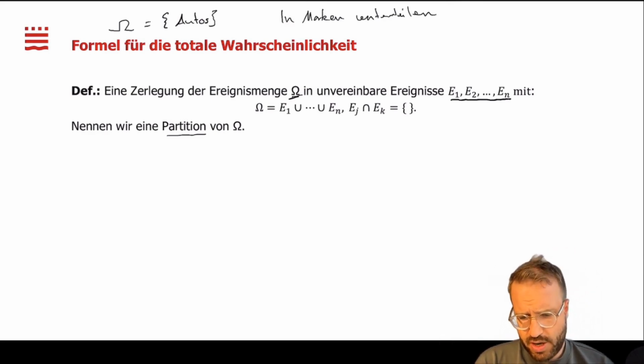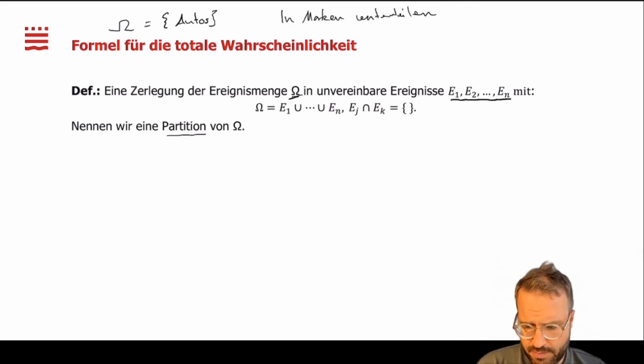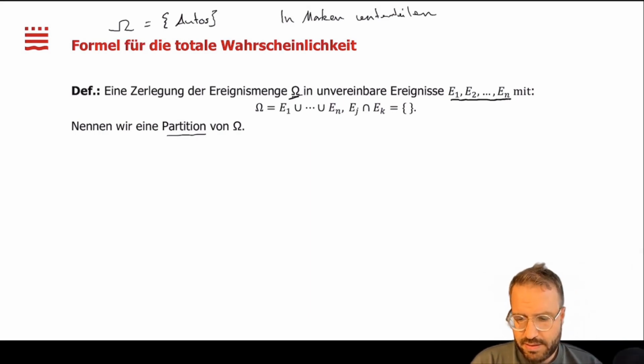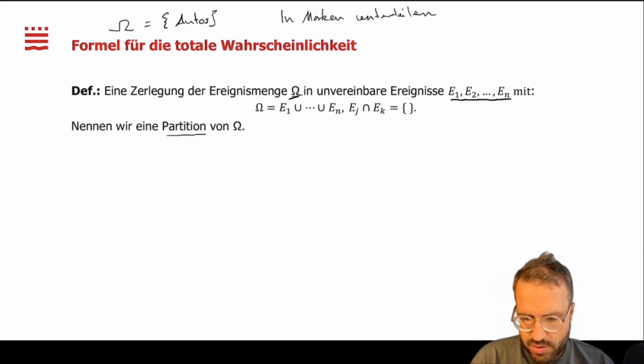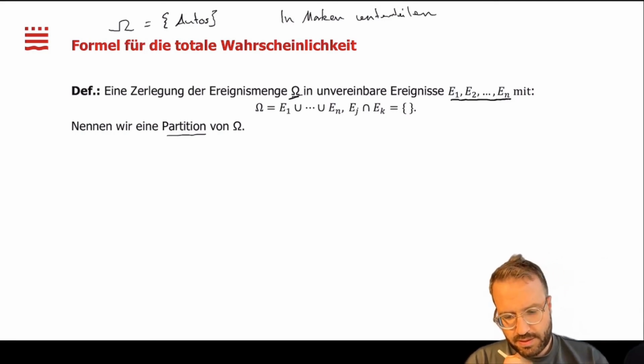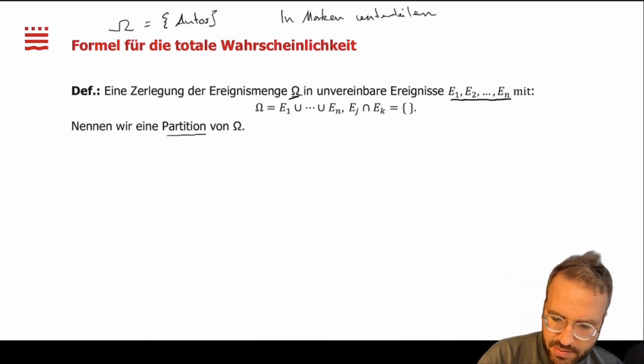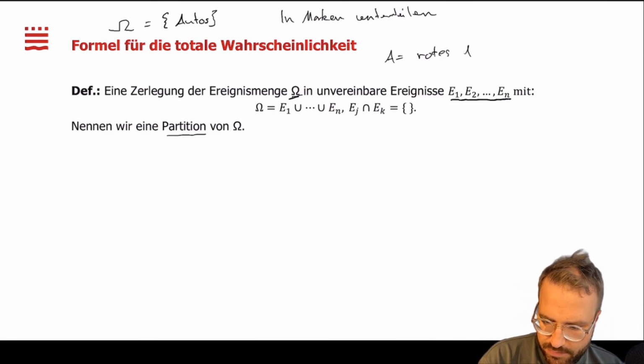You have all your cars, and you categorize all these cars into different brands, VW, Audi, and so on. Then these events are mutually exclusive because one cannot be two brands. And now imagine that we want to calculate the probability of an event called red car.